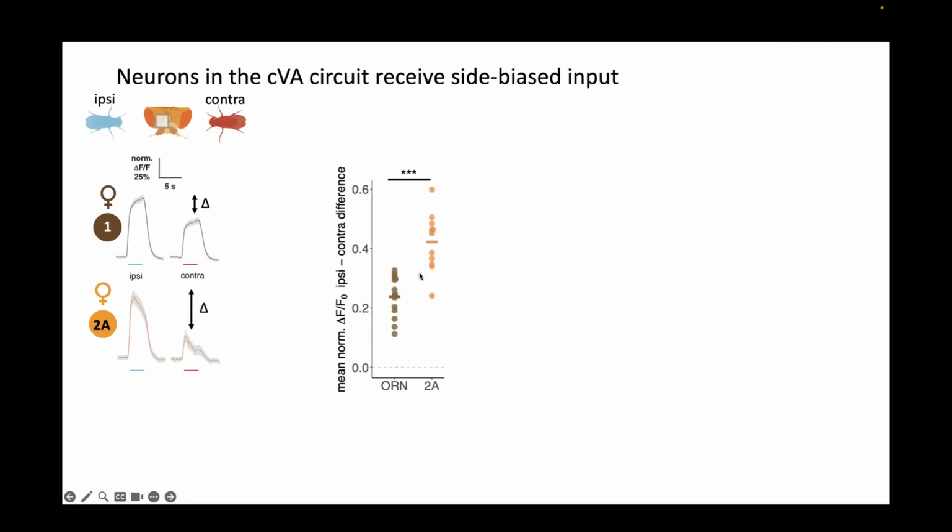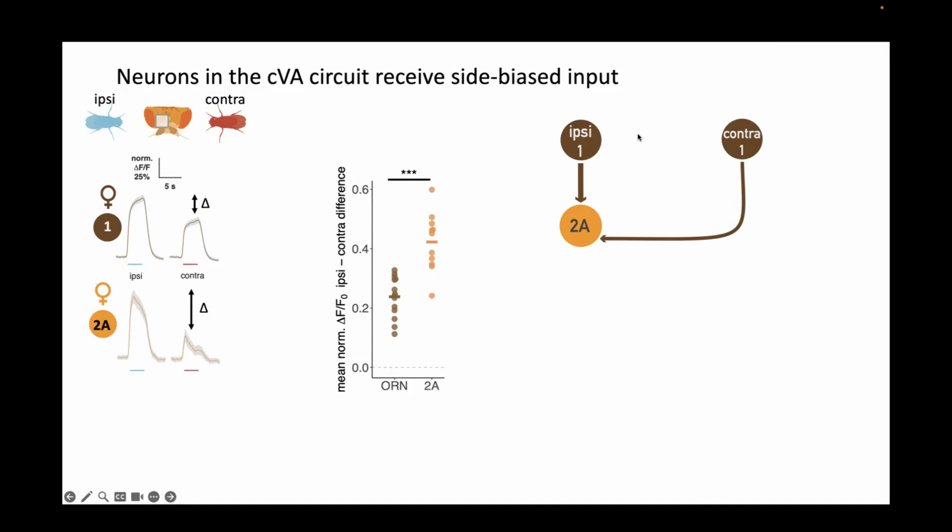As I started saying, this is a little bit surprising, because if you look into the connectome and what we know about the nervous system, the projection neurons receive information from receptor neurons on both sides, ipsi and contra. So if anything, we expected them to have a lower degree of lateralization than the receptor neurons.